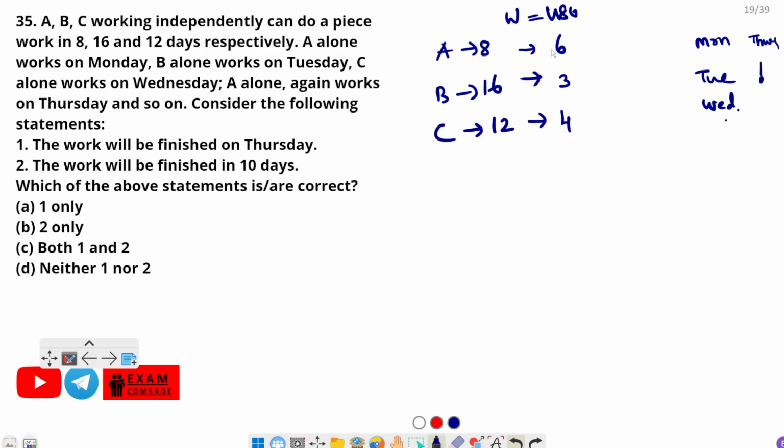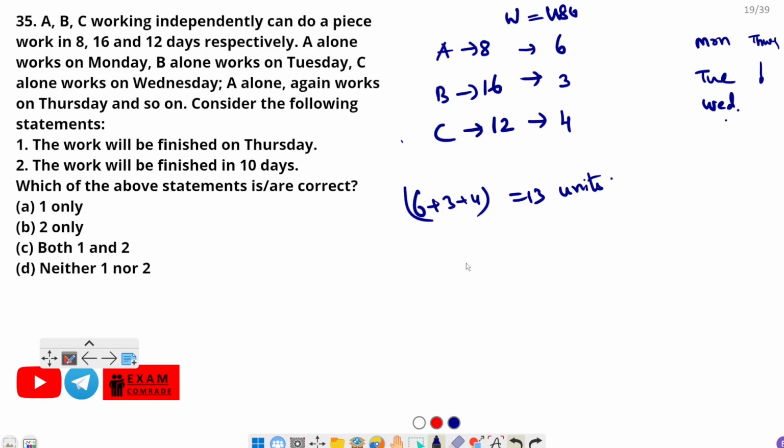A works on Monday, B works on Tuesday, C works on Wednesday, and so on. The first option is Thursday. Let's check how many days they will take. In 3 days, they will combine 6 plus 3 plus 4, that is 13 units of work in 3 days.